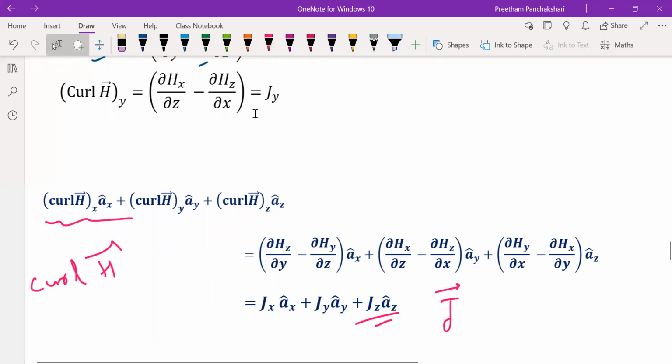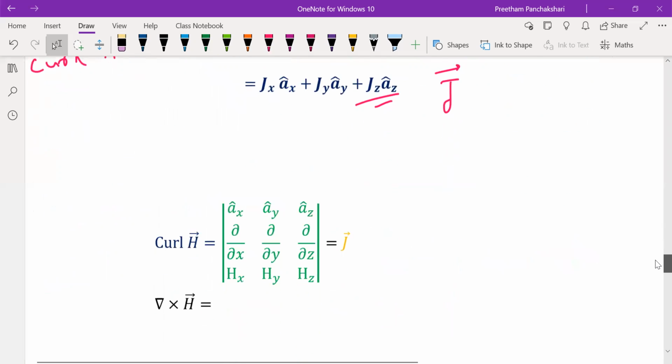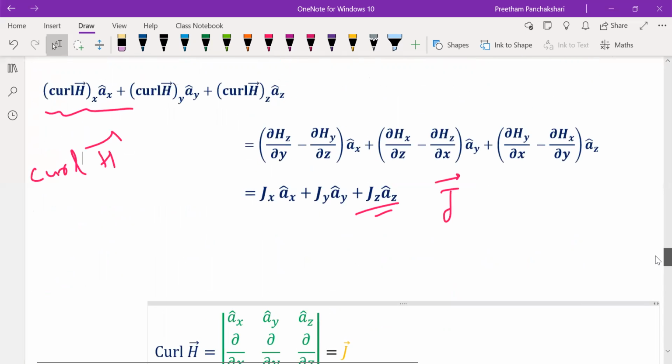So what is that determinant? Look at this now. So this determinant, after solving, will give us the result in the previous step.